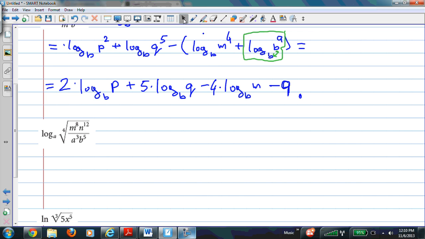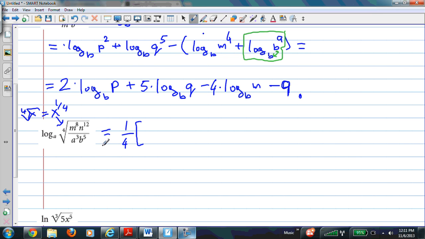So here's a similar problem, only it has a big fourth power root. So that fourth root applies to the entire expression inside of the log. And again, if you recall what I said earlier, the fourth root of x, let's say, is the same as saying x to the power 1/4. So really, I have a big exponent here of 1/4. Using the power rule, I can bring it down. So 1/4 comes down.